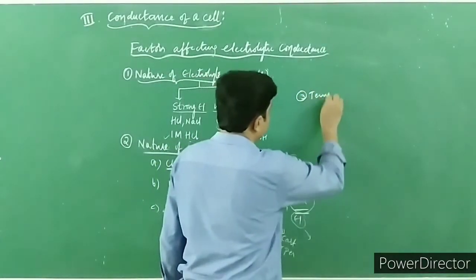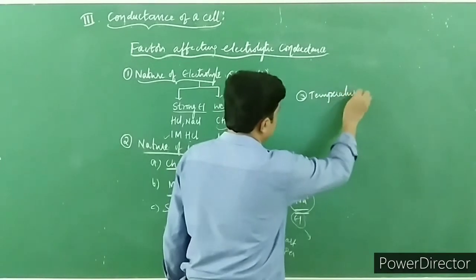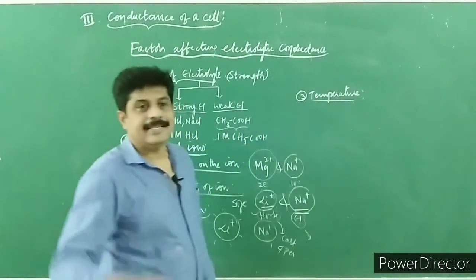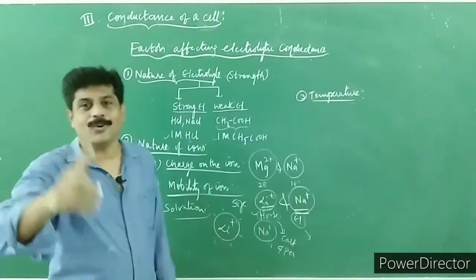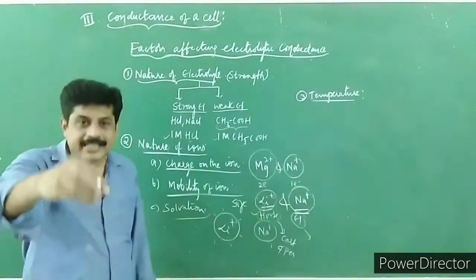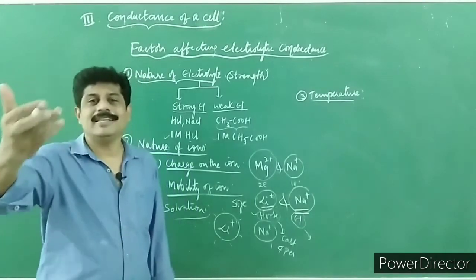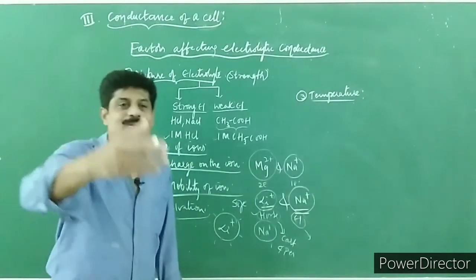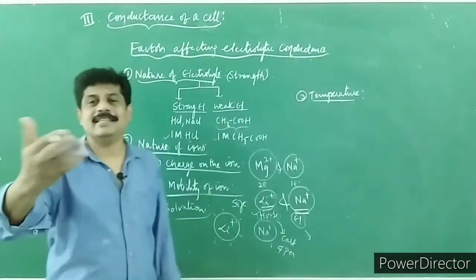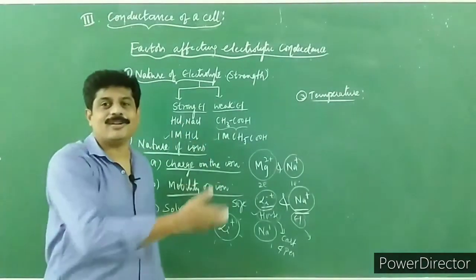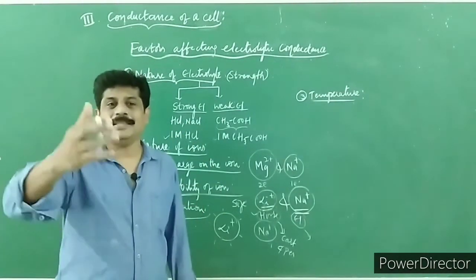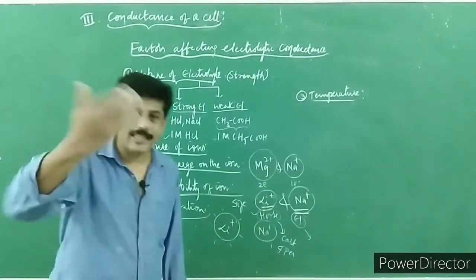Temperature. Children, temperature plays an important role because with increasing temperature, the dissociation constant value also increases. As the dissociation constant increases, the dissociation of the electrolyte increases and thereby the number of ions per unit volume also increases.